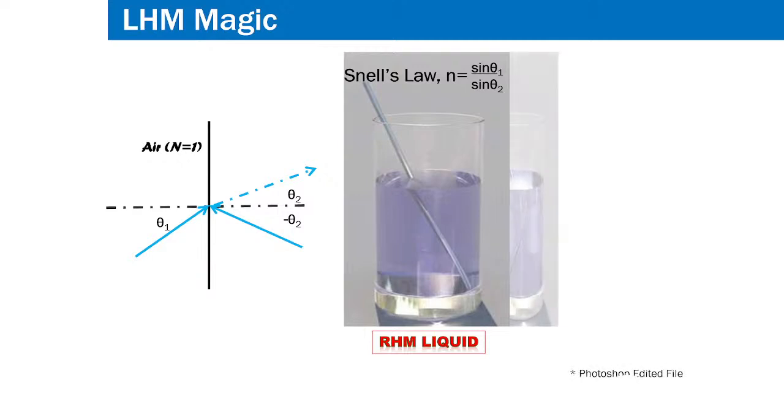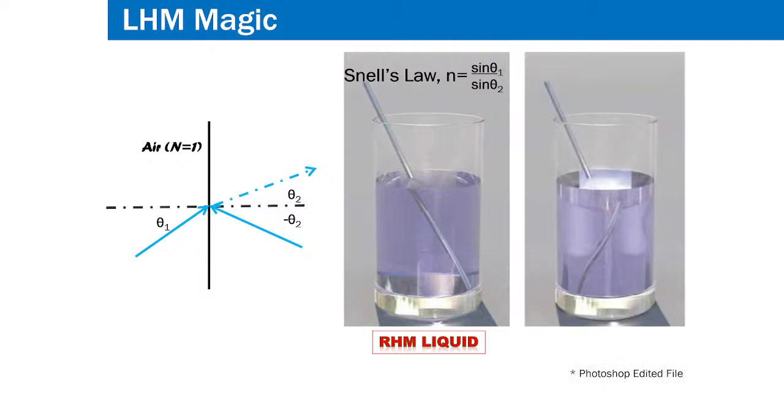Since it is becoming minus theta 2, you can see what happens to the stick dipped into the liquid from the left-hand side. Instead of bending towards the right-hand side, it bends towards the left-hand side. So this is one consequence of the negative refractive index. Next.